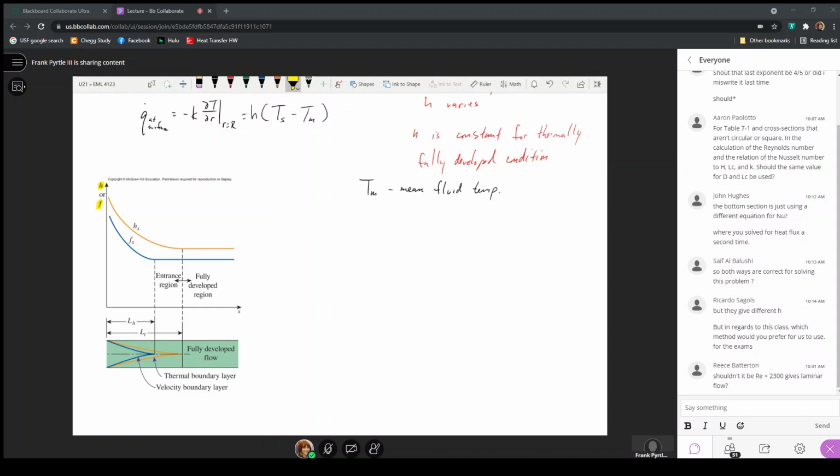So L sub T is what we call the thermal entry region length.